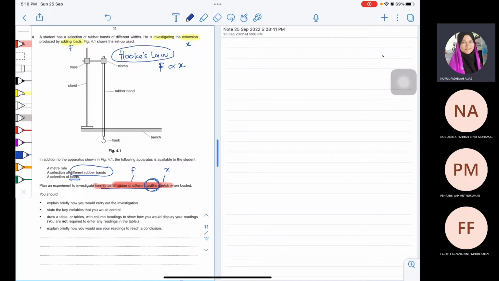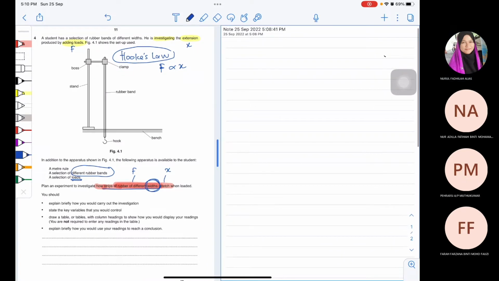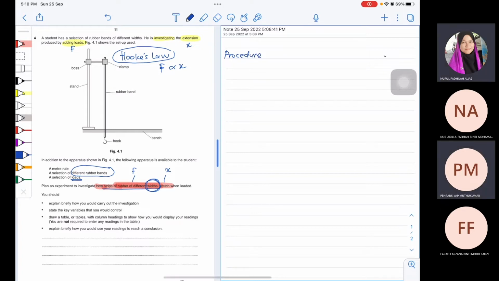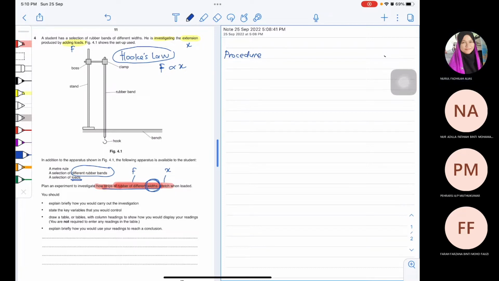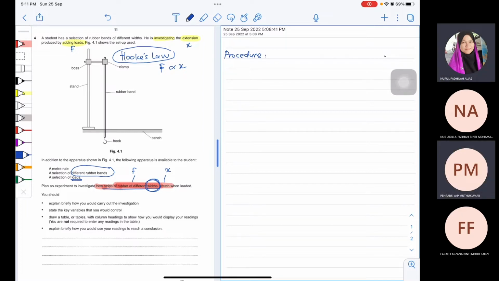So we start with the procedure. Yes, teacher. Okay, so you just look at this, then answer directly like this. Can you follow? So what are we going to do? You are given this diagram.